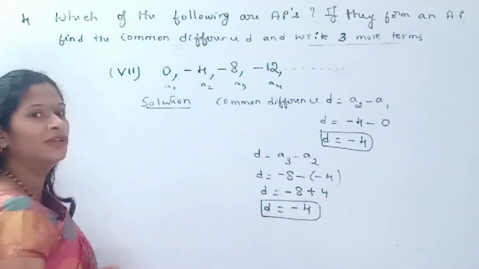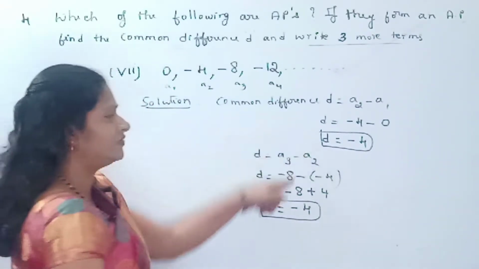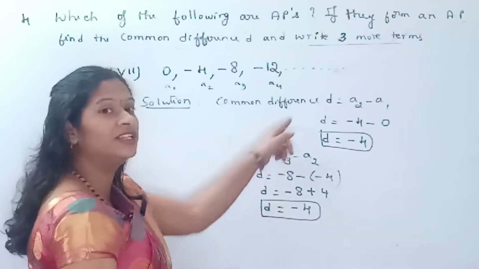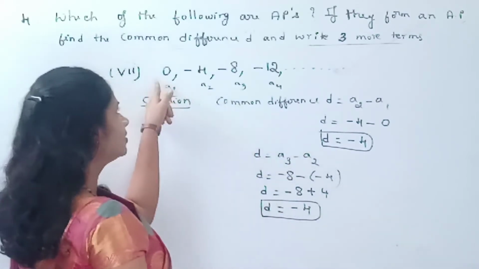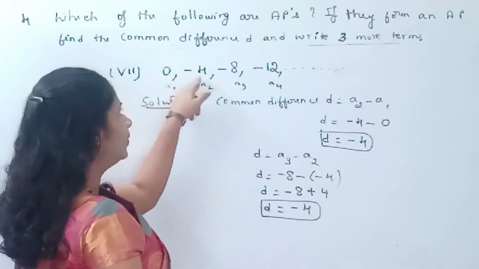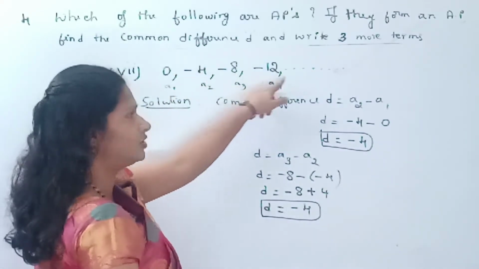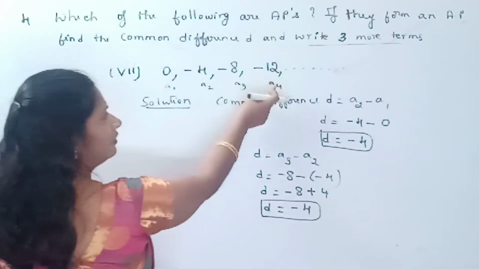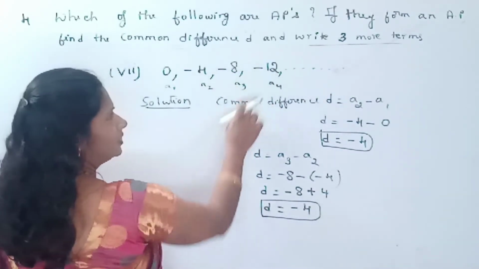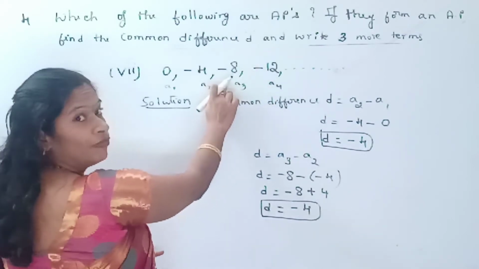So what is your conclusion, children? See, common difference we are getting same, isn't it? The fixed number we are getting, that is same. So what is your conclusion? So this list of numbers 0, -4, -8, -12 and so on forms an AP. If you want, you can find A4 minus A3 also. -12 minus of -8.